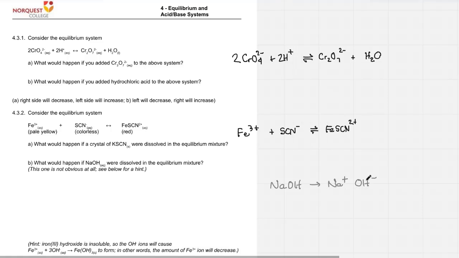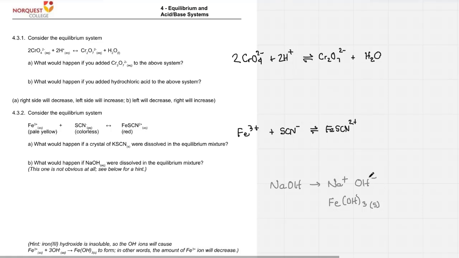Would either of these things react with any of these things in some way and change one of them? If you meditate on that, and if you remember your solubility table, the important thing that you'll eventually find is iron hydroxide, this, has low solubility, meaning it forms a solid.